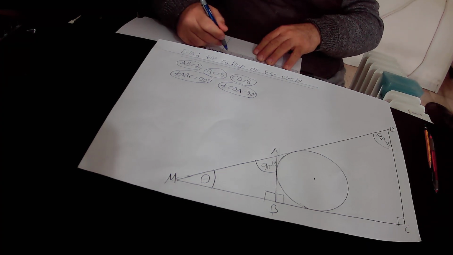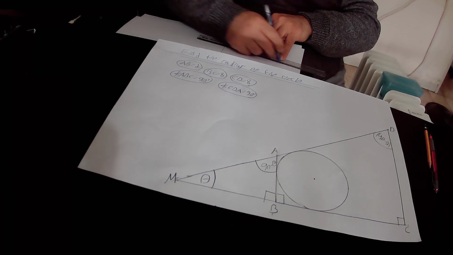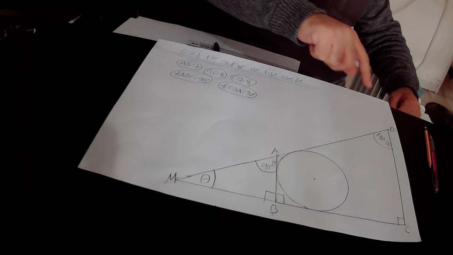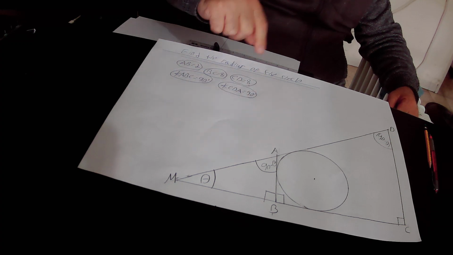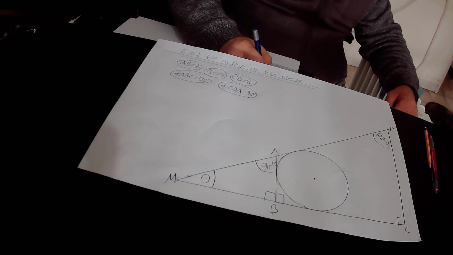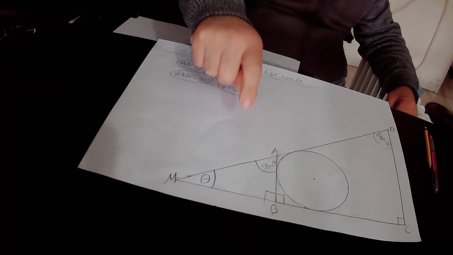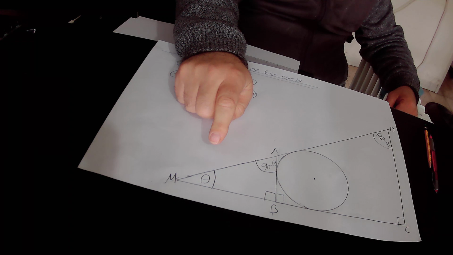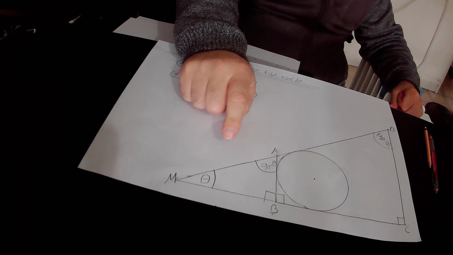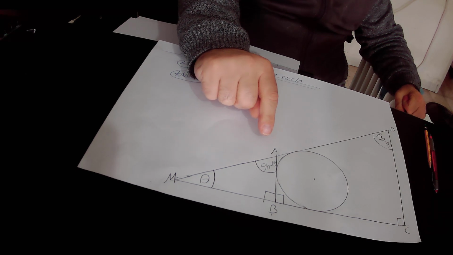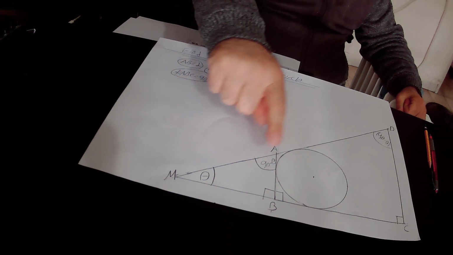If we relate to angle theta as it belongs to the big right triangle DCM, it will be defined as angle DMC, and it equals itself. If we look at angle theta as it belongs to the small right triangle MBA, it will be defined as angle AMB.